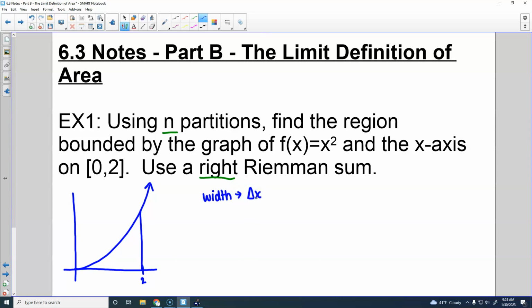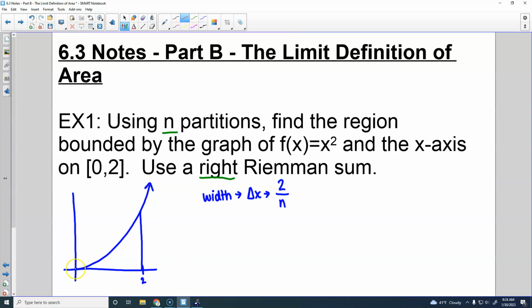You're changing x, right? All right. Last time we did 2 divided by 8 because the length of this interval is 2 and we had 8 rectangles. So this time my length of my interval is still 2. I've got to divide it by n because I don't know what it is. All right? So the width of each interval is going to be 2 over n.